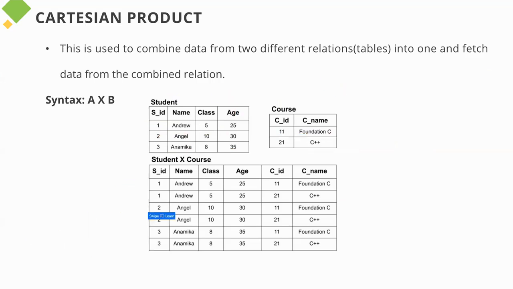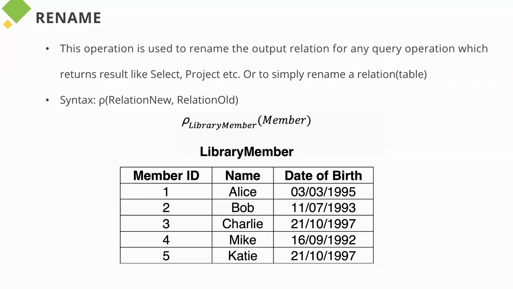Okay. Rename. This operation is used to rename the output relation. We denote it with this symbol and relation new of old. So I need to rename a table.